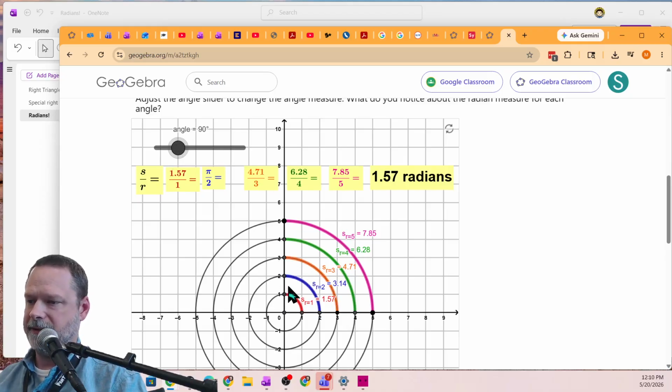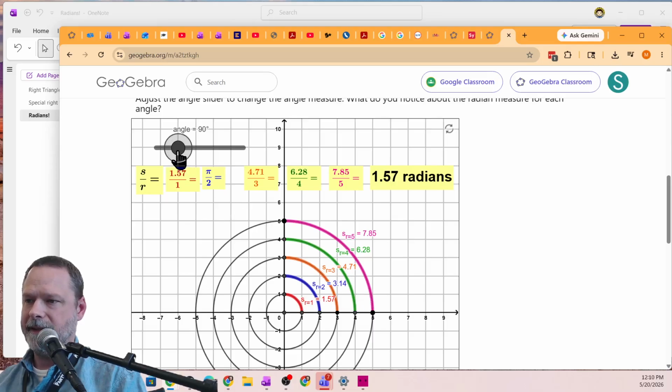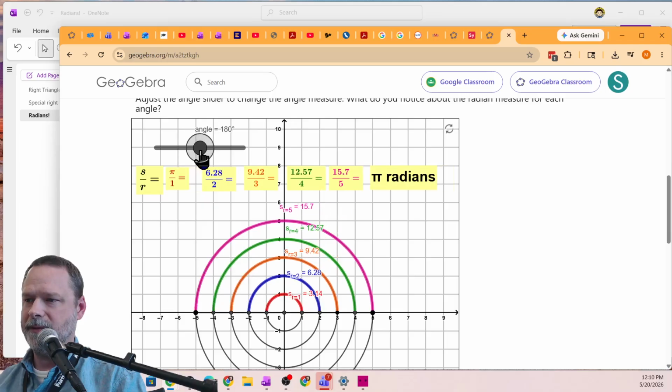Right now it's a 90-degree angle, so we have a 90-degree arc. And you can see in each one, 1.57, that's pi over 2. So that's pi over 2 radians. 90 degrees is pi over 2 radians. And we can swing it out even more to 180.